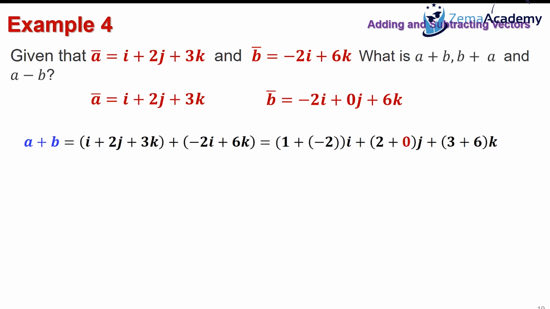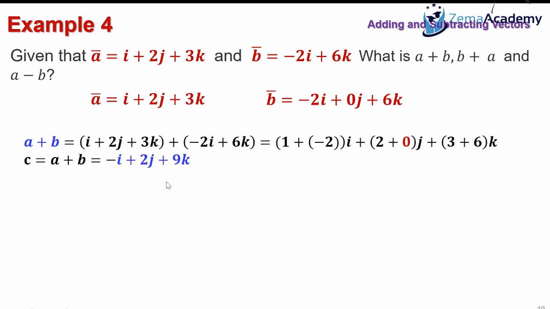Those of you who know, it's good, but those of you who are doing it for the first time or after many days can see that by having that 0j, all you need to do is put that value there. It will not play any role, but it will help you resolve the vectors easily. The last component is 3 plus 6k. Again, you can solve it together.